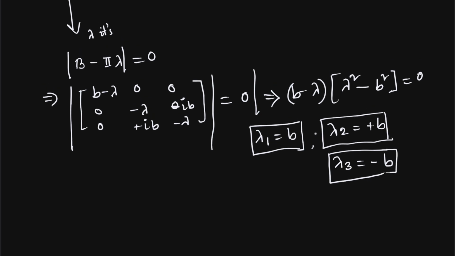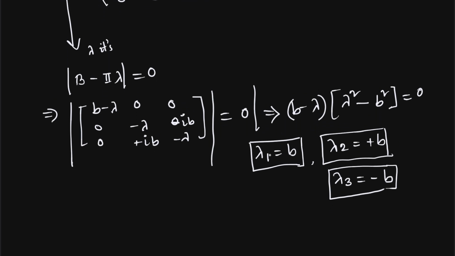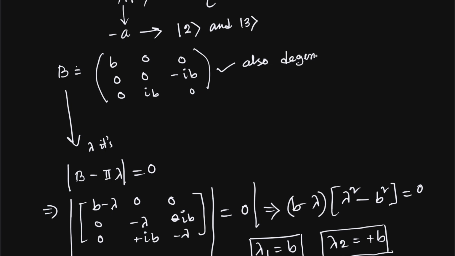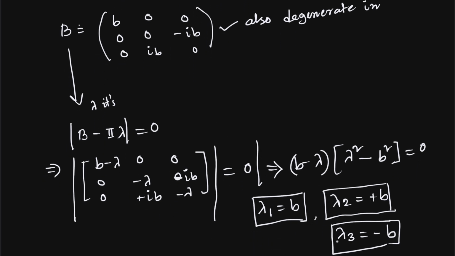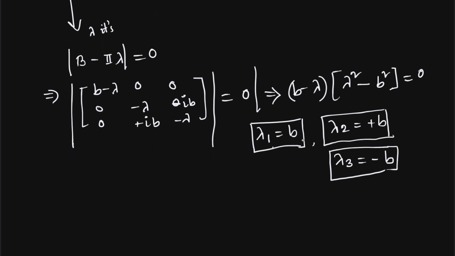So from here we can see that this operator is also degenerate, because two of its eigenvalues are the same.